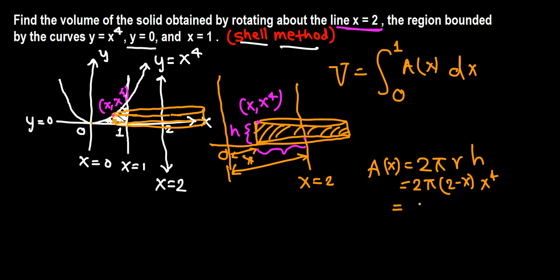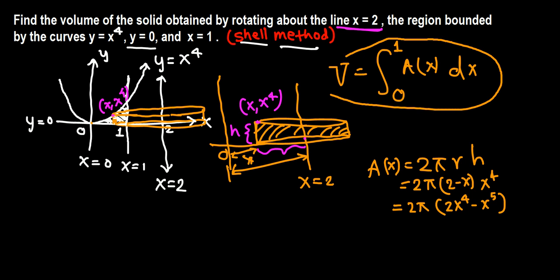Let's simplify. 2 pi is outside. When we distribute and multiply with x to the fourth, we get 2x to the fourth minus x to the fourth times x, which is x to the fifth. Now we use this formula to determine the volume.